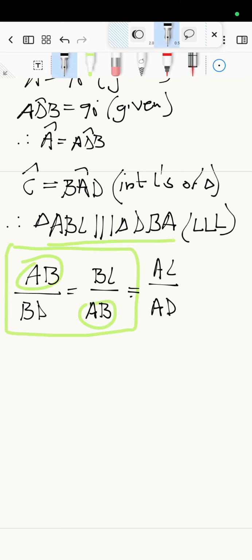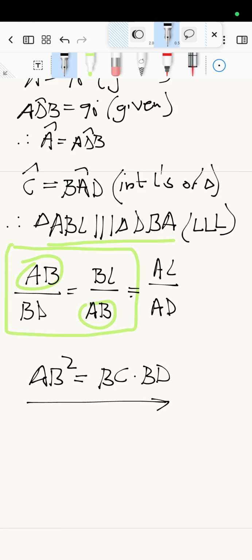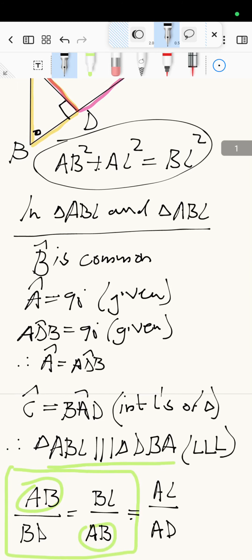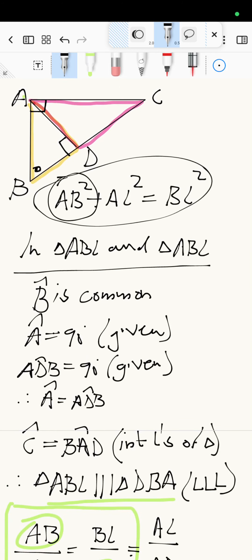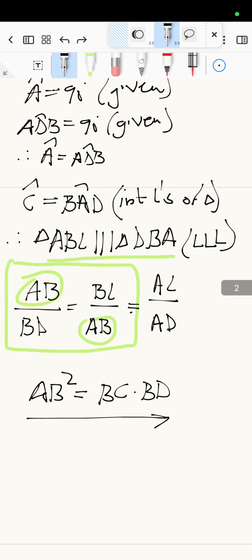I'm going to multiply both sides by AB, so I end up with AB squared on my left hand side, and I multiply both sides by BD, so on my right hand side I have BC multiplied by BD. This is the first statement that I need. Looking back at what we're trying to prove, we want AB squared, so we've proven AB squared. We've got our first part.